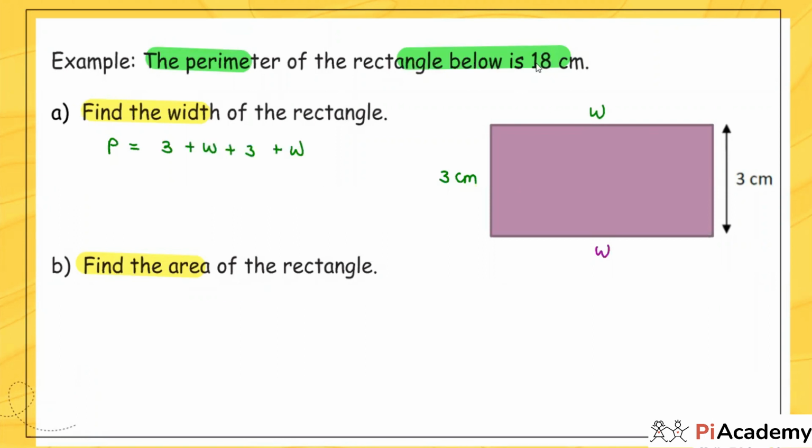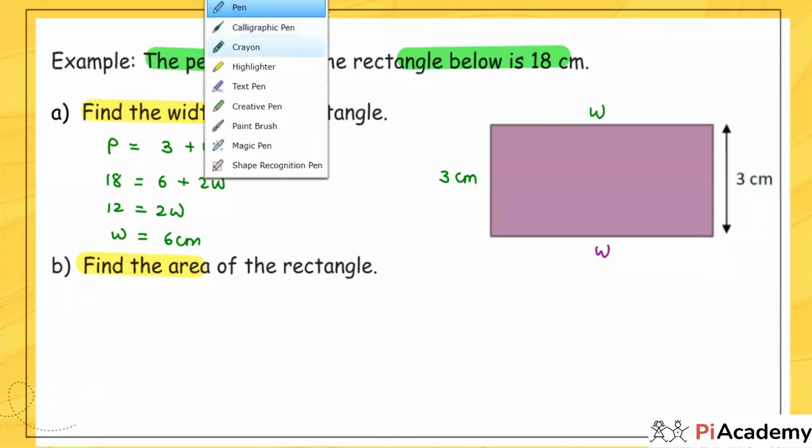And the value of perimeter is already given, that is 18. 3 plus 3 is 6, and W plus W is 2W. If I subtract 6 from both sides, then 12 equals 2W. So W must be 6 centimeters. So it is very clear that the width must be 6 centimeters, right?